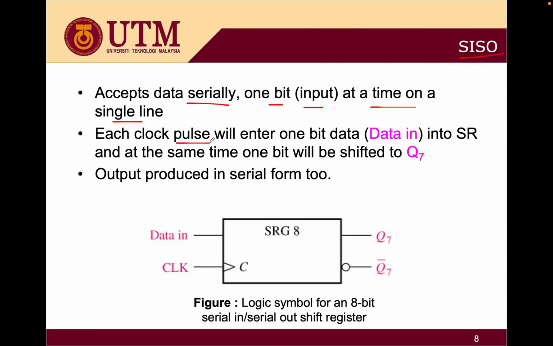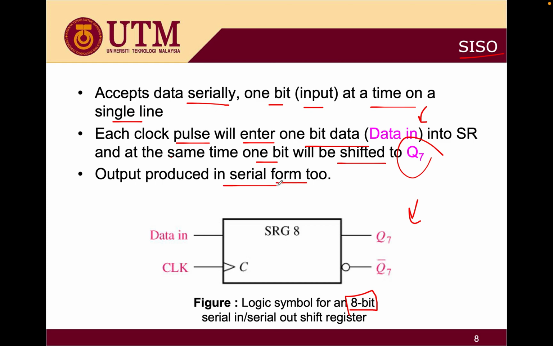Each clock pulse will enter one bit of data, which is your data in, into your SR, and at the same time one bit will be shifted to your output. If let's say your output here has 8 bits, it's 8 bits. Output is produced in serial form too.